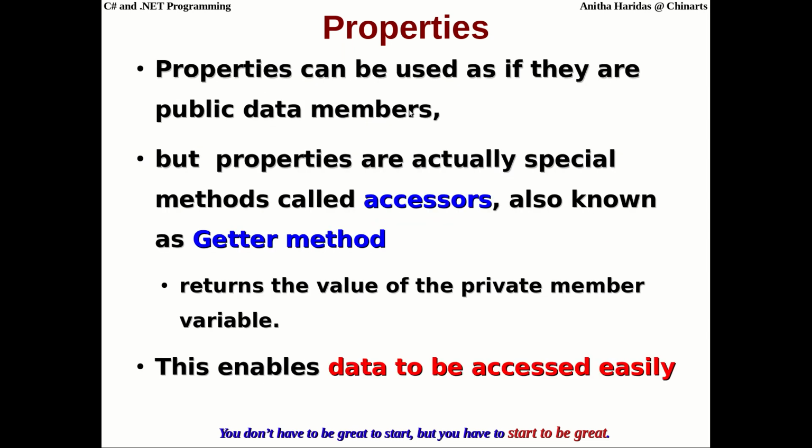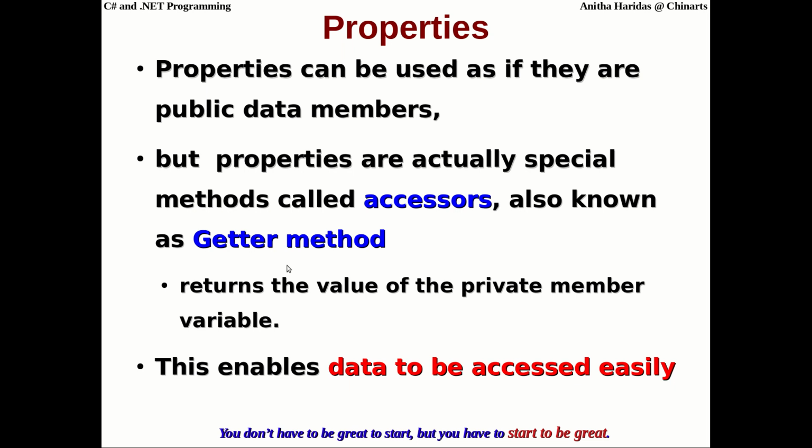Your properties can be used as if they are public data members, but properties are actually special methods called accessors, which are also known as getter methods. So your getter method will be returning the value of the private member variable, and it enables data to be accessed easily. This is what we have seen in the example.